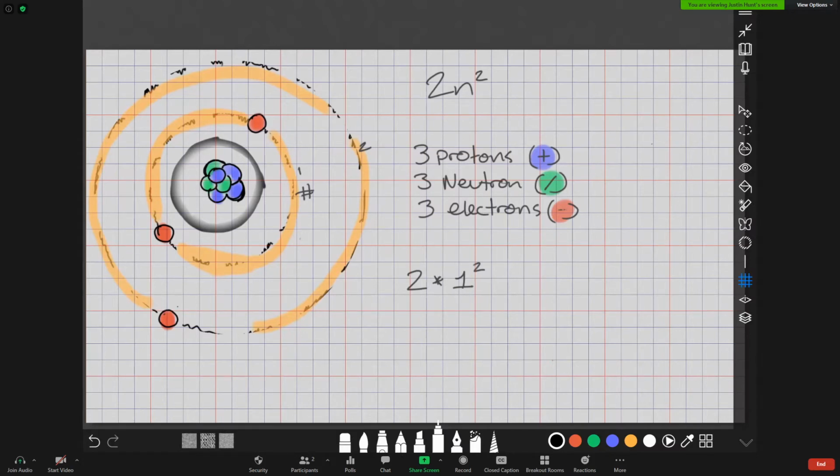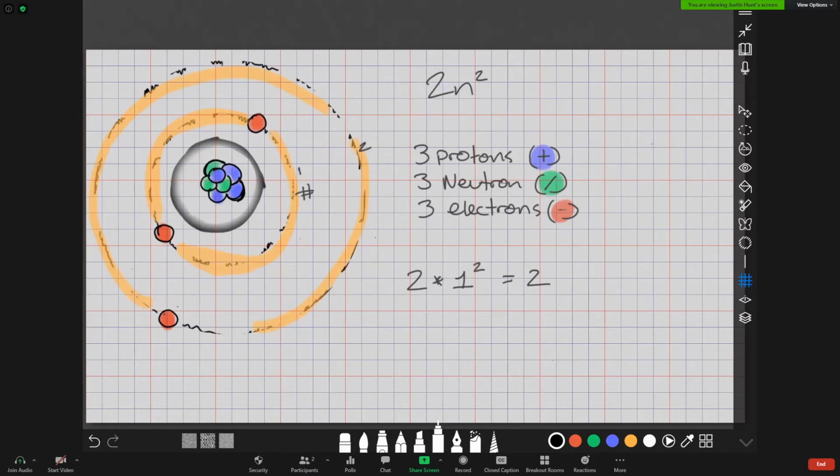We know 1 squared by itself is still 1, times 2 equals 2. This shell right here can occupy a maximum of 2 electrons. Any more than that, it needs to bump out into the next shell.